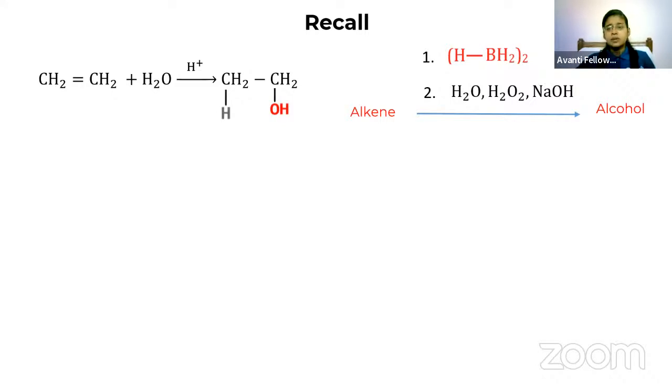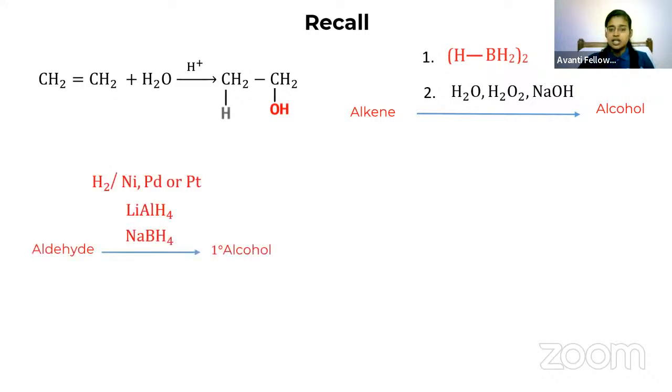The second method of preparation is from the carbonyl compounds. Carbonyl compounds means aldehydes, ketones, and carboxylic acids. So if I want to get the alcohol from an aldehyde, then I have to use reagents which you can see on the screen: hydrogen in the presence of nickel, palladium or platinum, lithium aluminum hydride, and sodium borohydride.